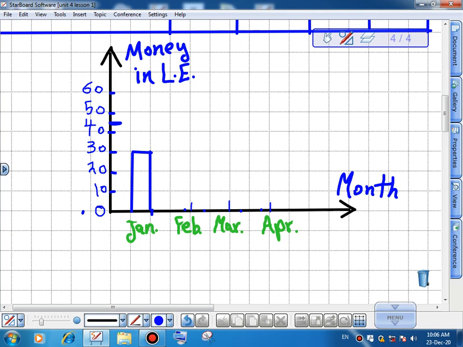So we draw a line between 40 and 50. Then we make this line double, twice this line, like this, and close this part to make a bar. The first one is 30, the second one 45.